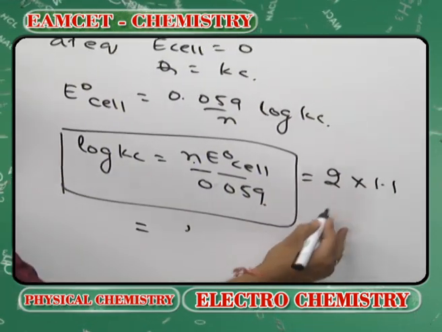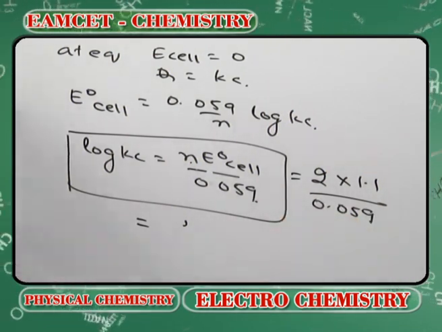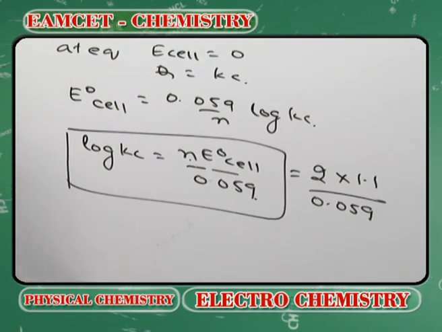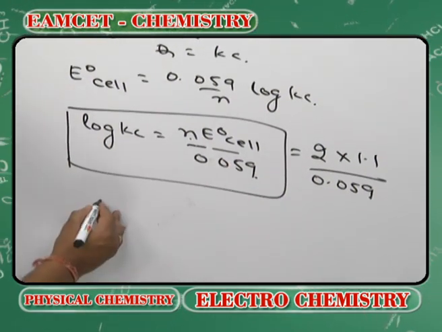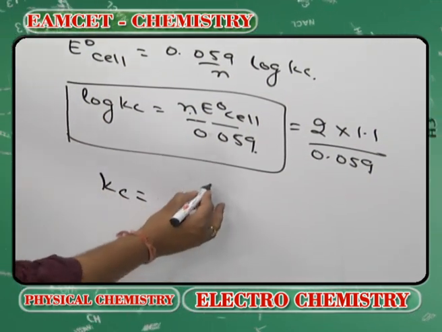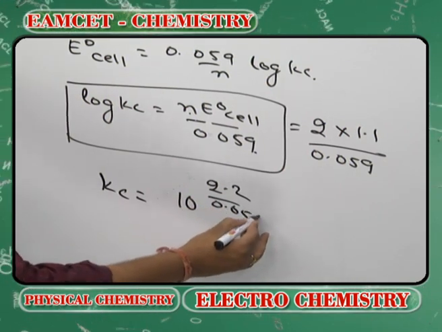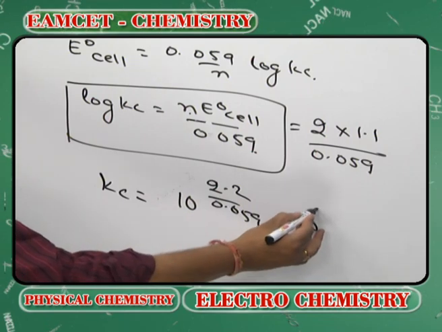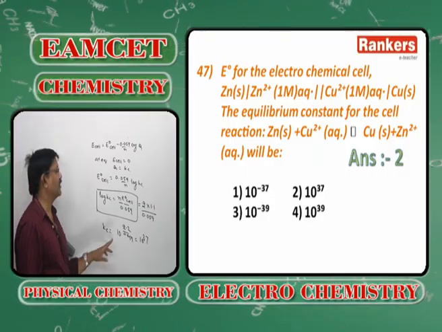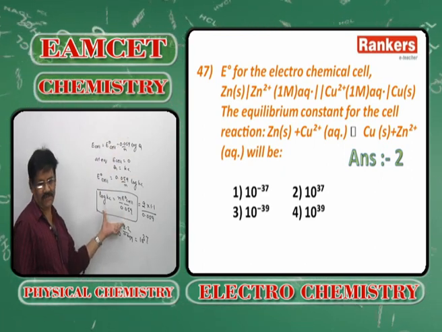So 2 into 1.1 by 0.059. Simplifying it, we get Kc equal to 10 to the power of 2.2 by 0.059, which is equal to 10 to the power of 37. This is the way of getting the equilibrium constant.